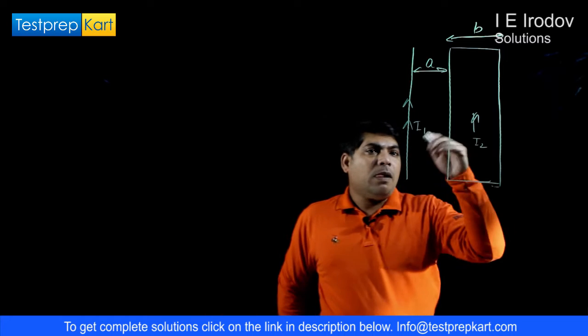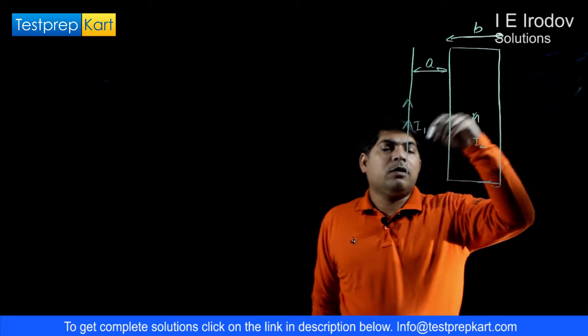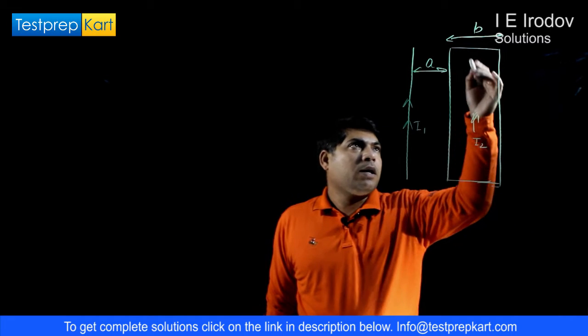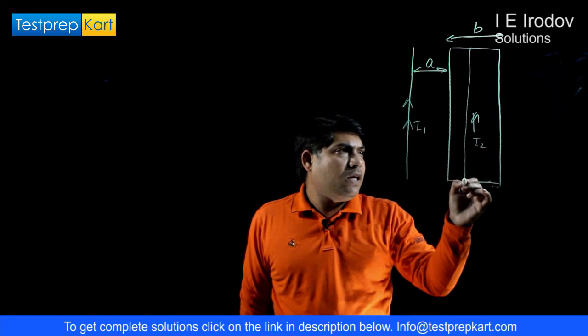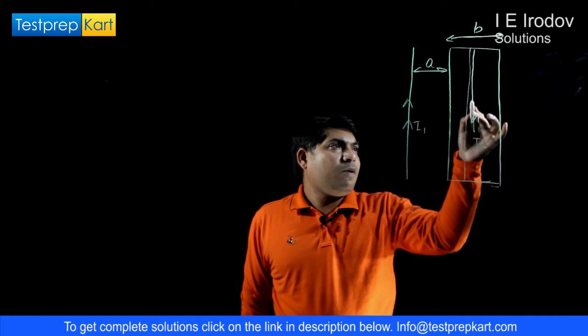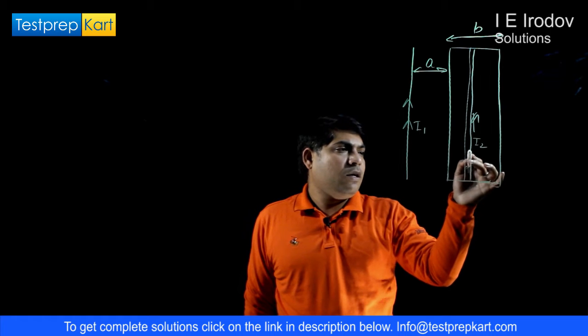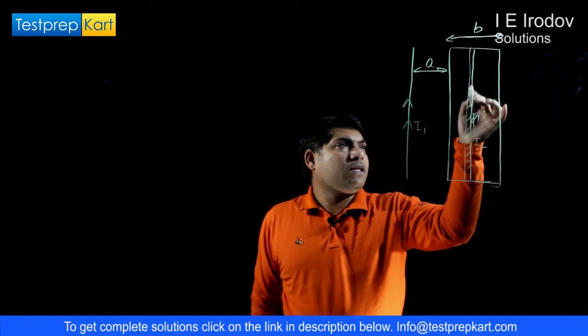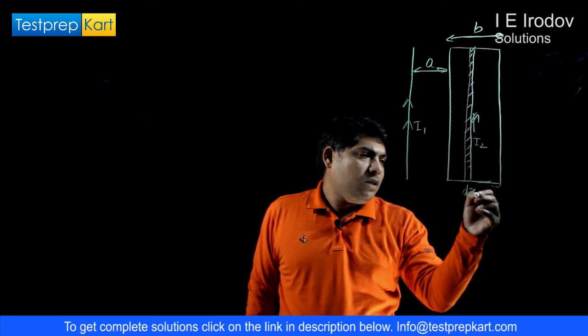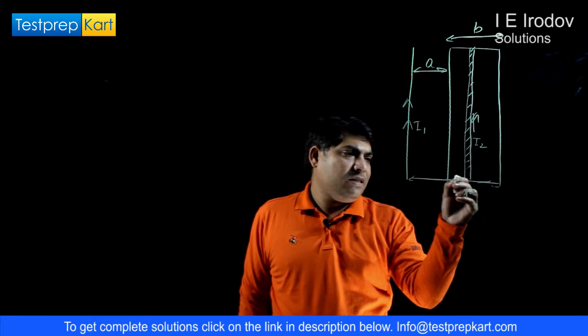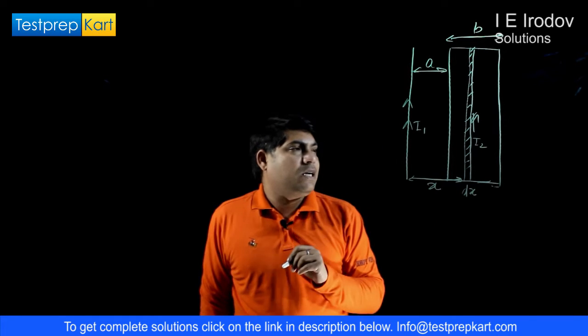If we want to find out the magnetic force, let's assume a very thin shape of wire here. For that we need to cut a very small segment. Let's assume its width is dx and it is at distance x from the first conductor.